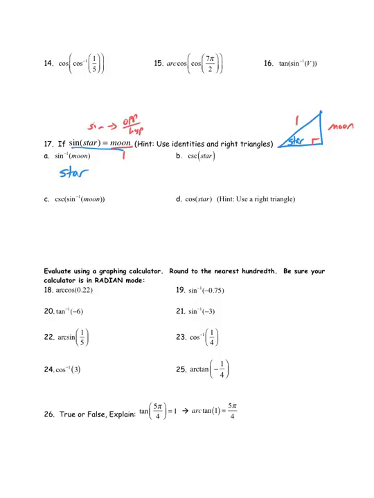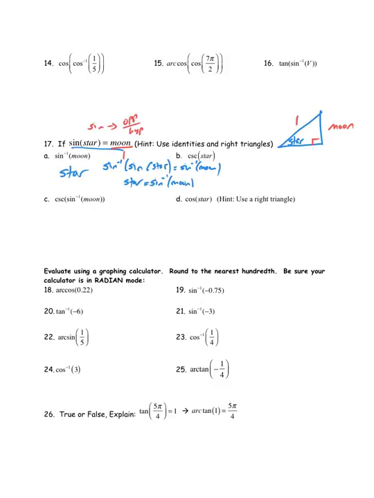The other way to think about this is if we take the sine inverse of the given statement, so sine inverse of sine star is going to be equal to sine inverse of moon. And if we do that, sine inverse of sine star is going to be star, which is equal to sine inverse of moon. So two ways to think about that first problem.